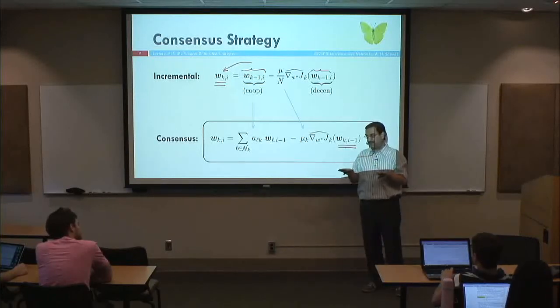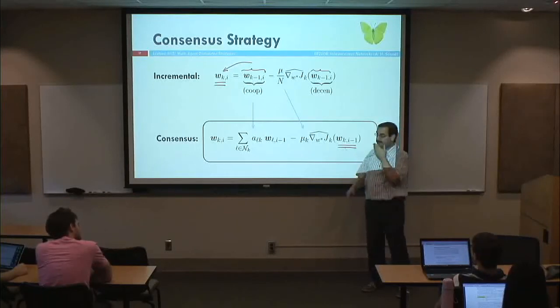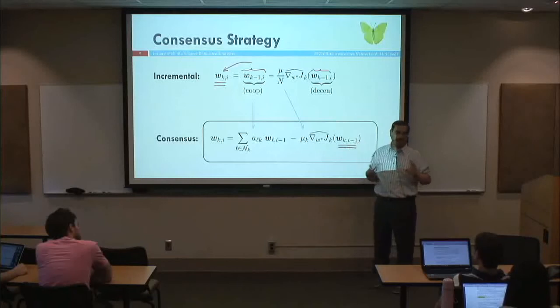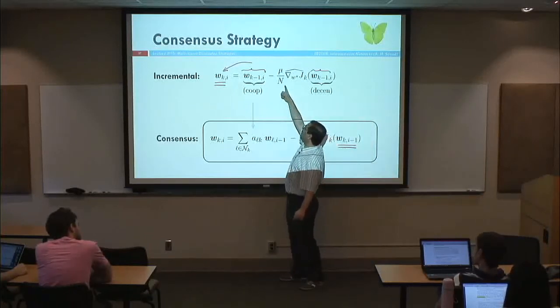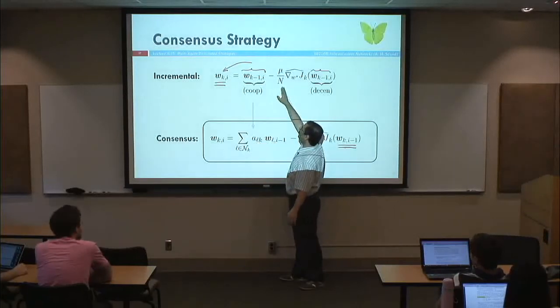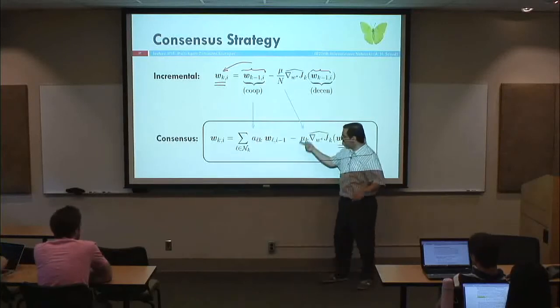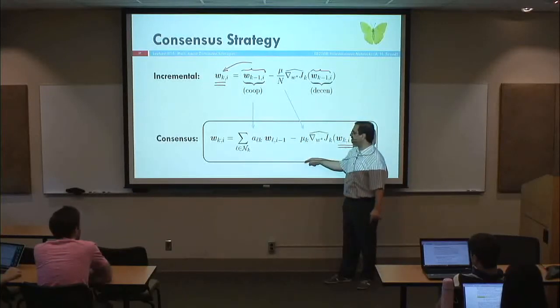Because when you want to compare algorithms, you have to fix one or the other. You either fix the convergence rate and compare their MSDs, or you fix the MSDs and see how fast they get there, right? The mu's here will play the same role, okay? This mu over n came from the centralized solution, and you scale it by n to make sure that the centralized solution will have the same convergence rate as the diffusion and consensus algorithms that we'll be using with mu.